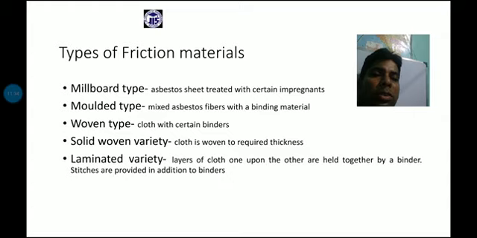That means 600 into 10 to the power minus 3 Newton per millimeter square. Next, coefficient of friction mu is equal to 0.3, and factor of safety FOS is equal to 2.